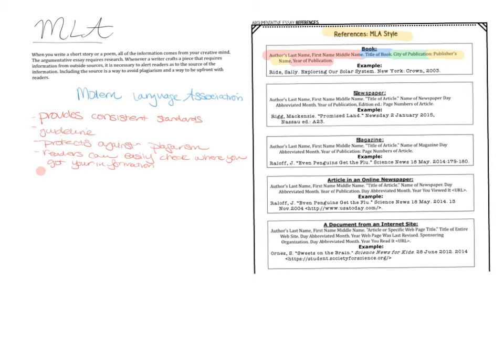So again, if you look down on an article or document from an internet site, they would have the author's last name, which is Orns, then the first name, and sometimes it's not given to you.